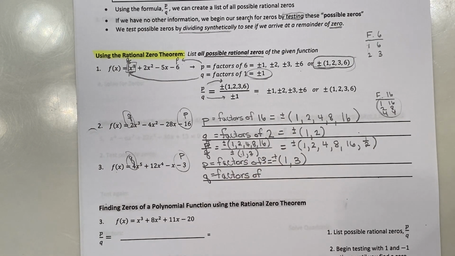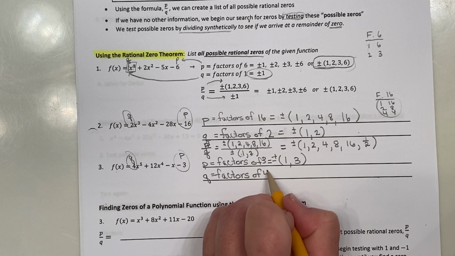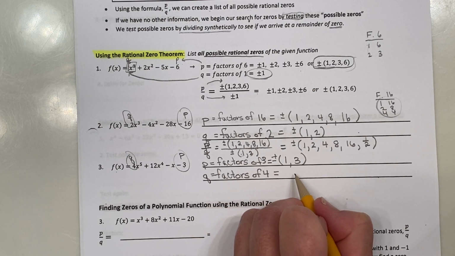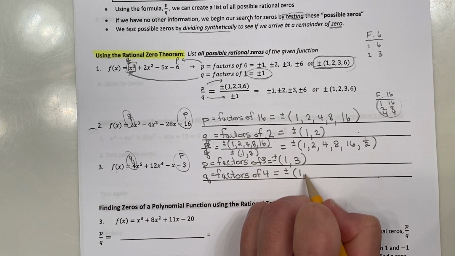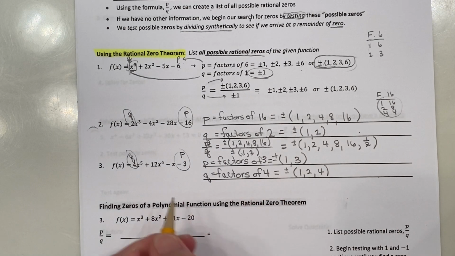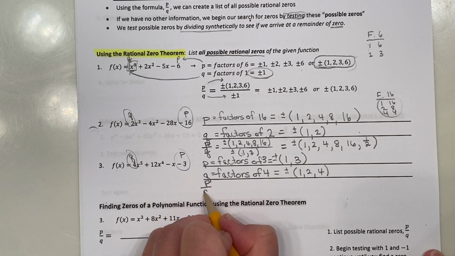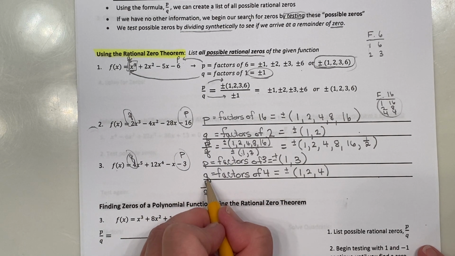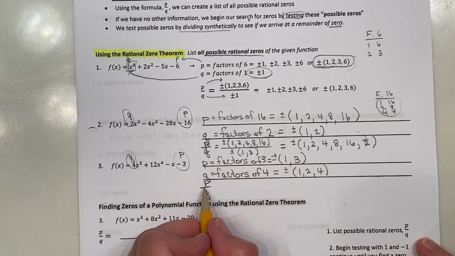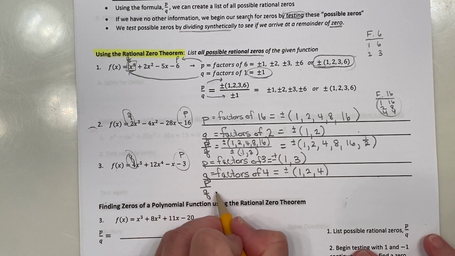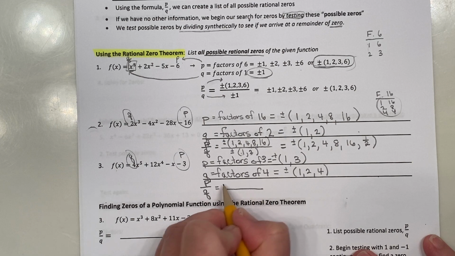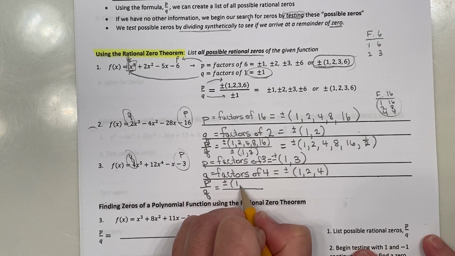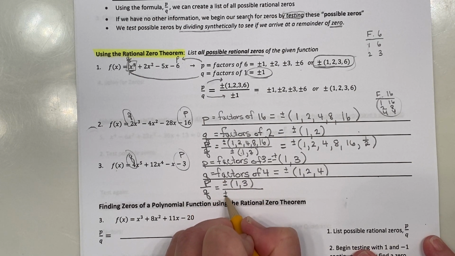Oh, I should have put a 3 here. Factors of 4 are 1, 2, and 4. Okay, now let's keep going. We've just generated factors of P and Q, but we've got to create a P divided by Q list. So put P on top and Q on the bottom.